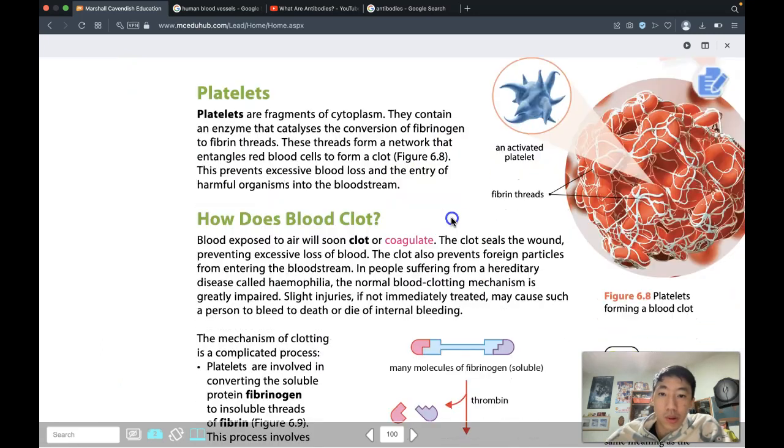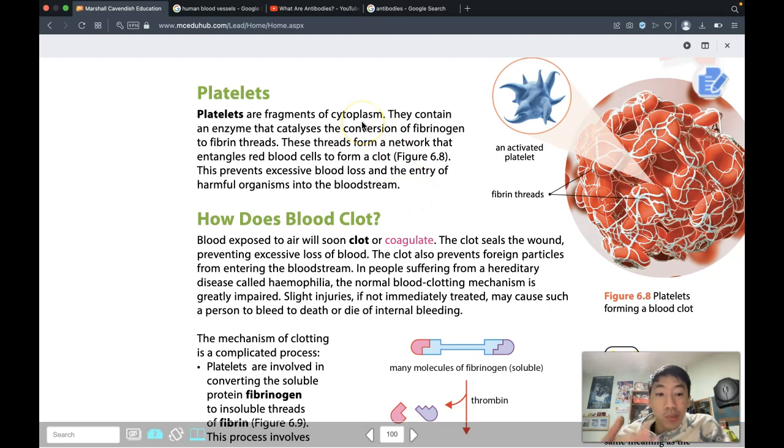Okay, so now let's talk about platelets. Platelets are technically not a cell because they don't have that property, but they are actually a fragment of cytoplasm.